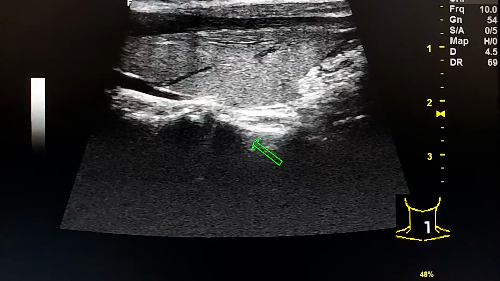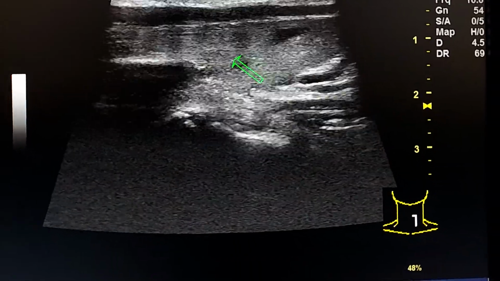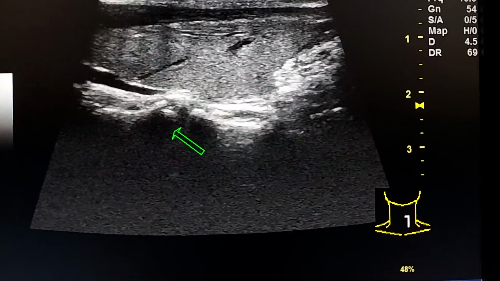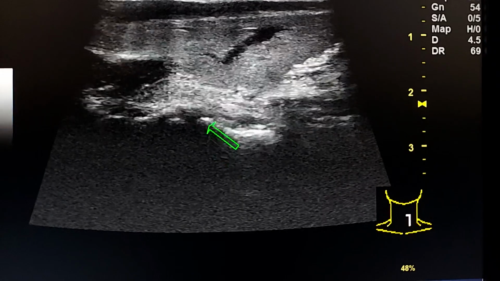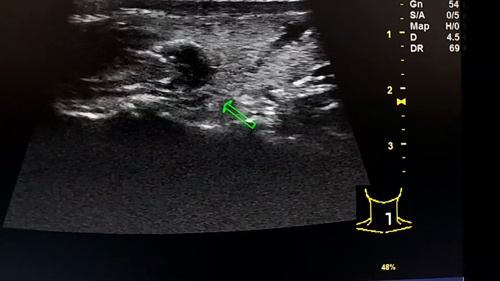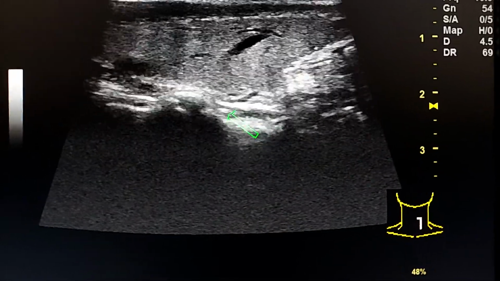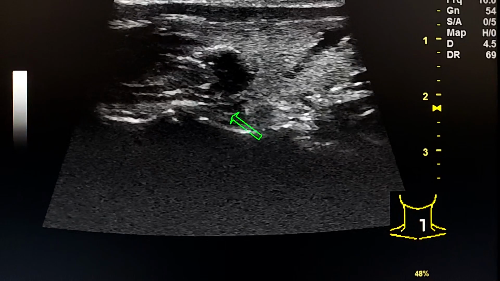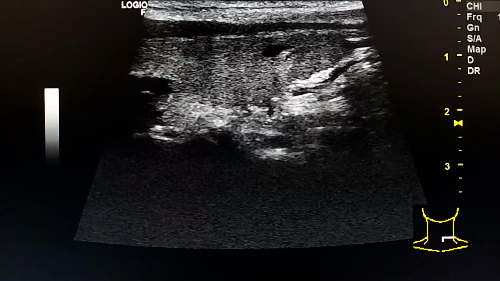Here we see in longitudinal section of the left lobe of the thyroid gland the shadows of the cervical vertebrae, and here we see the movement of water inside the upper esophagus while the patient is drinking water.